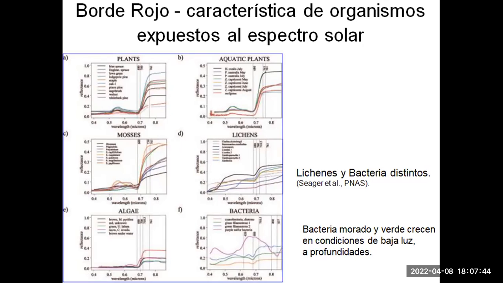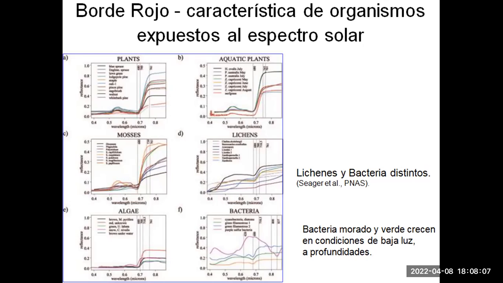Below about 700 nanometers, we have very little reflection, and then above 700, we get a drastic increase in reflection. This is for plants and aquatic plants, mosses, and the lichens also.